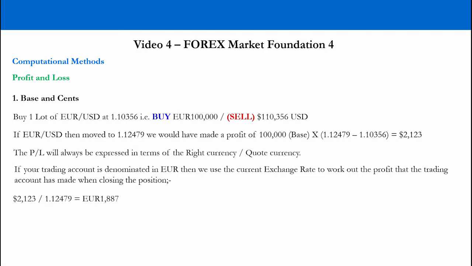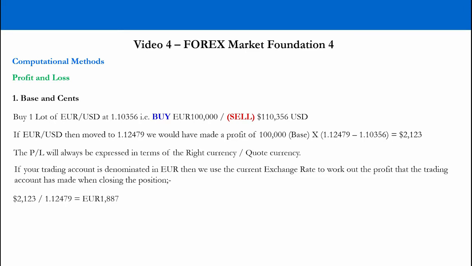And you can see that the profit is expressed in dollar terms. And this is always the case. The P&L and exposure, as we saw earlier, will always be expressed in terms of the right currency, so the currency on the right-hand side, the quote currency. Now, if your trading account is denominated in the base currency, so in this case, the euro, then we basically use the current exchange rate to work out the profit that the trading account is going to make in the base currency terms, so the currency that the trading account is denominated in, because they're the same.